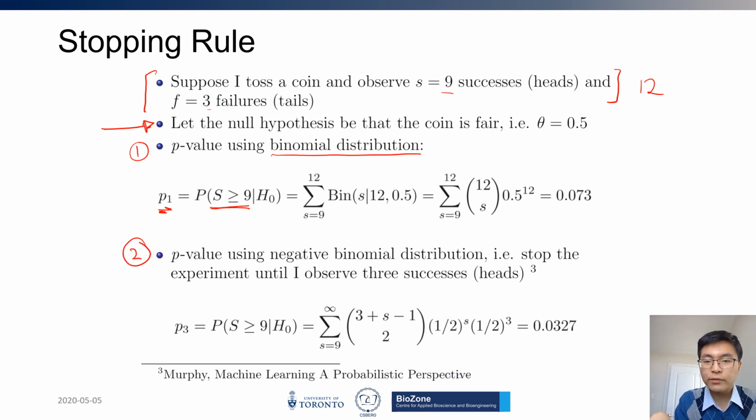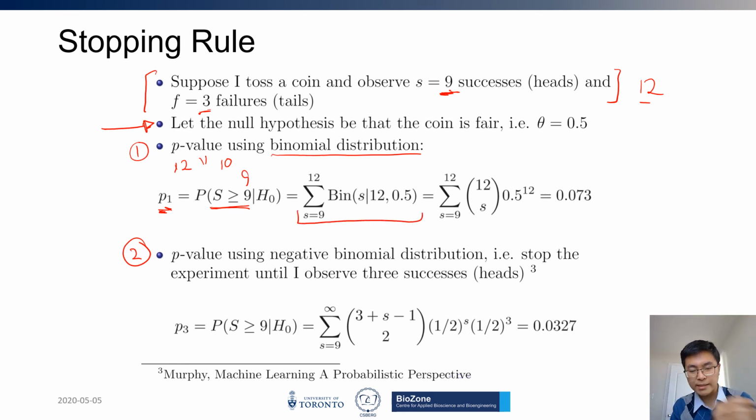So here we have 9 successes and 3 failures. So as extreme or more extreme could be 9 successes, 10, 11, or 12, all the way up to 12, because we tossed 12 in total. So we take the sum of these binomial distributions from s equals 9 to 12.